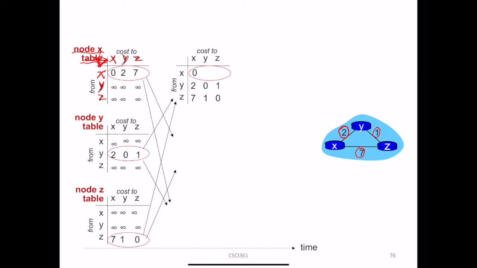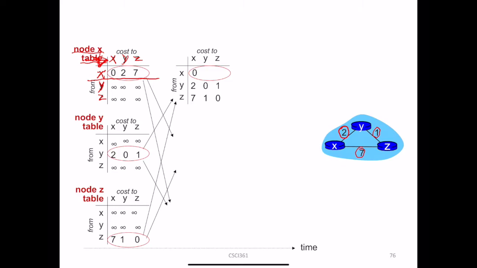For this column and this row, we include all the routers in this topology, and then the distance vector for X itself is the first row.